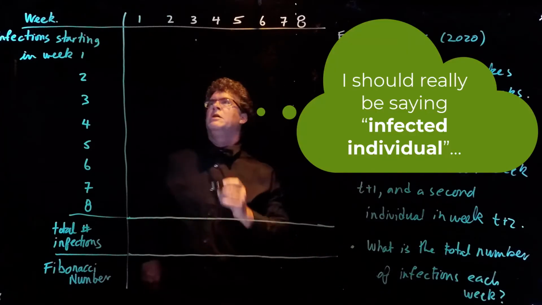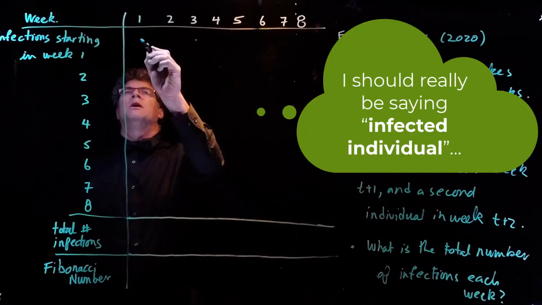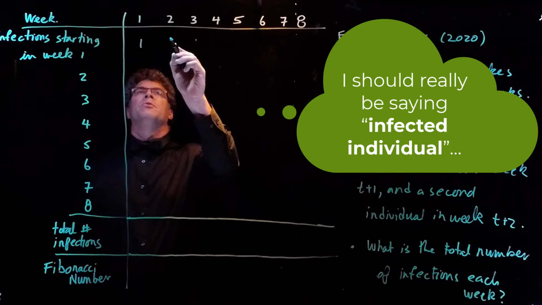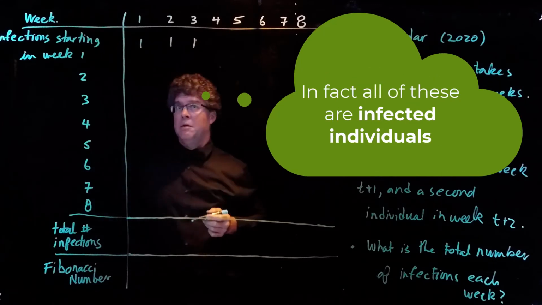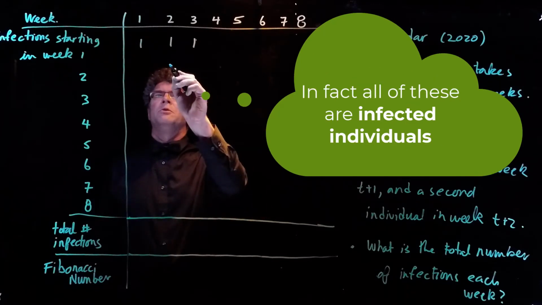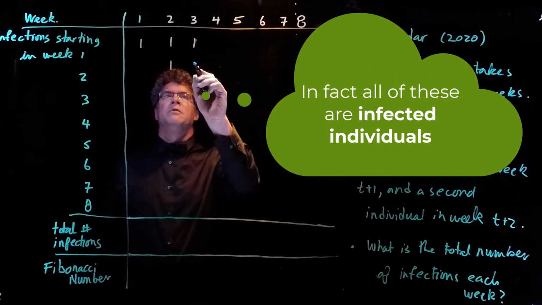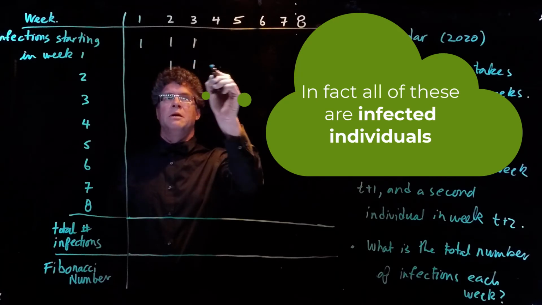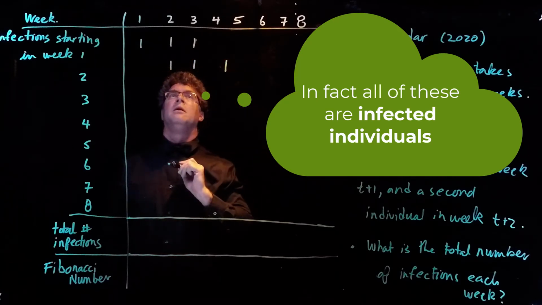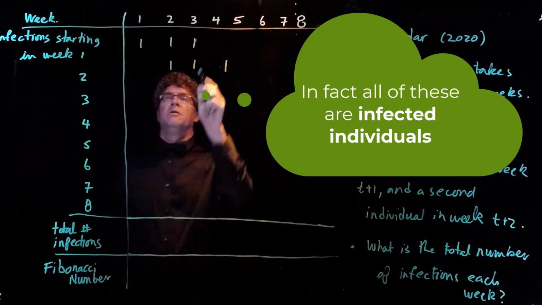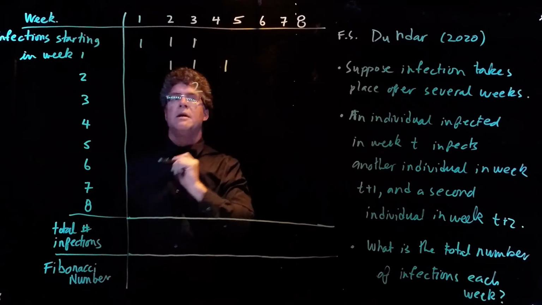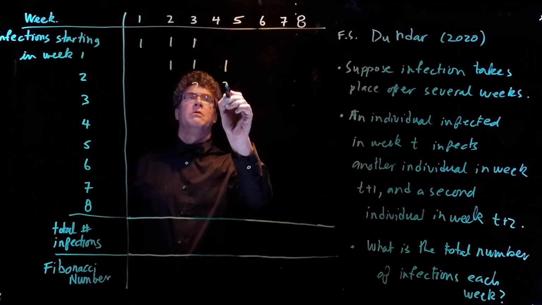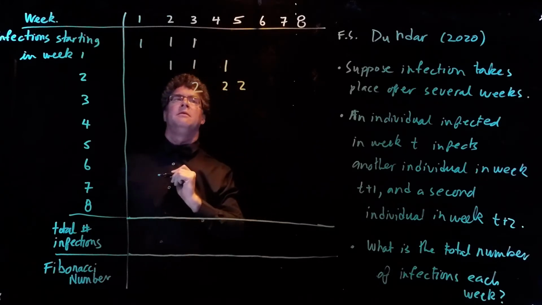So we start with an individual in week 1, and they live through week 2 and week 3. In the second week, they produce a new individual, and that individual lives through week 3 and week 4. In week 3, the first and the second individuals both produce new individuals, and they will both live through week 4 and week 5.